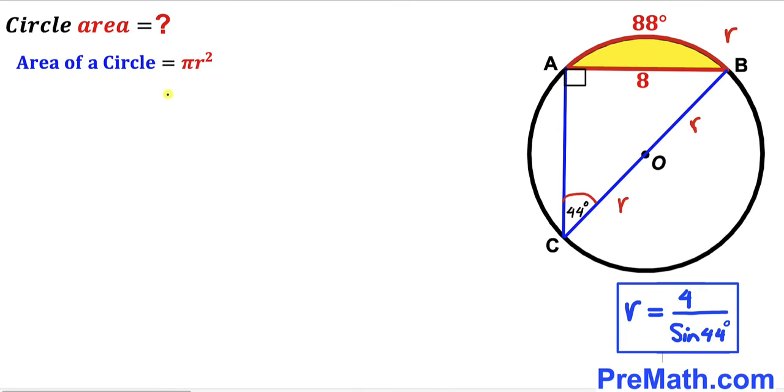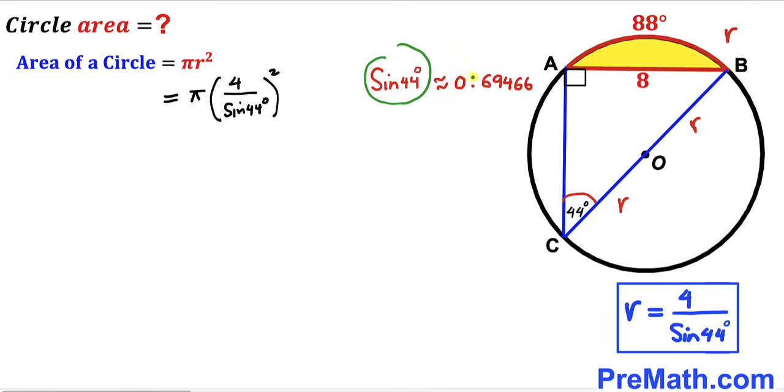So let's fill in the blanks in this formula: pi times the quantity 4 divided by sine of 44 degrees, squared. We know that sine of 44 degrees is approximately equal to 0.69466.